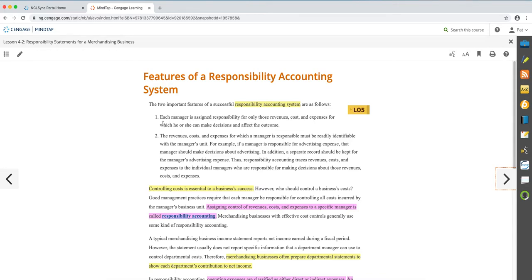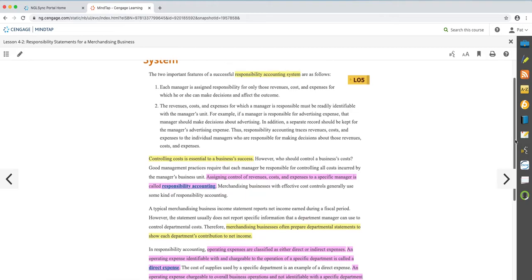So instead of the store trying to make decisions based on total numbers, they're making it based on departments. We want to make sure that each department's advertising, labor costs, revenues, and expenses are all done by department. That's the idea behind what we're trying to do.